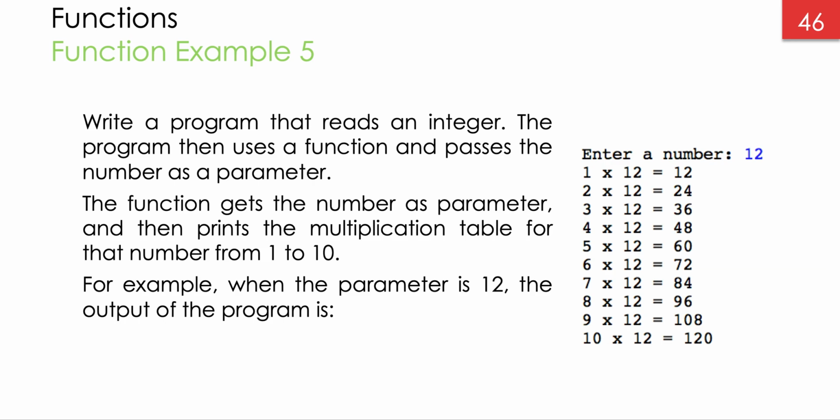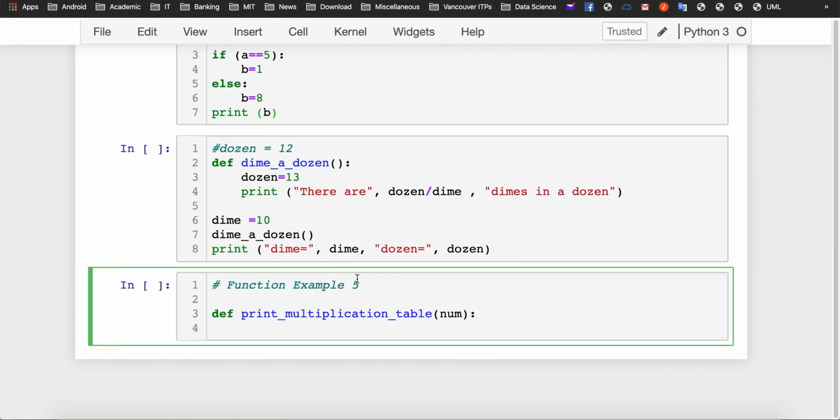So we can simply use a loop that generates these numbers 1 to 10 for us automatically, and we can use a for loop because we know how many times we want to repeat these statements. So we need a loop that counts from 1 to 10.